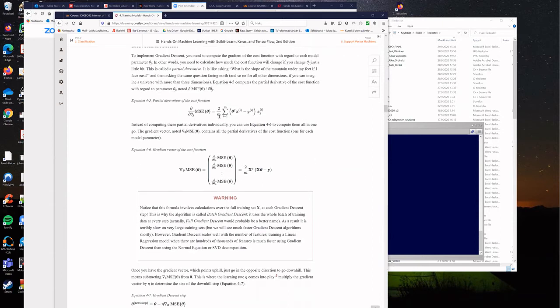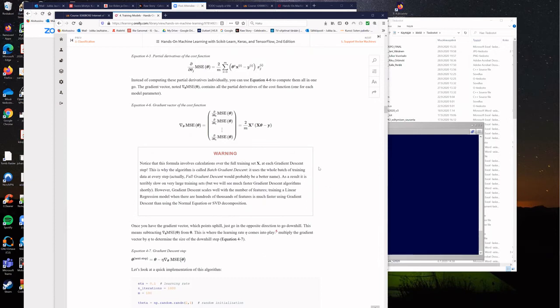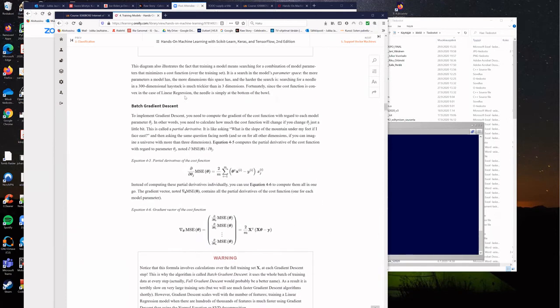And instead of calculating this separately, like here, each term in the sum, you can calculate it in one gradient vector at once, which is faster. And this is called the batch gradient descent.